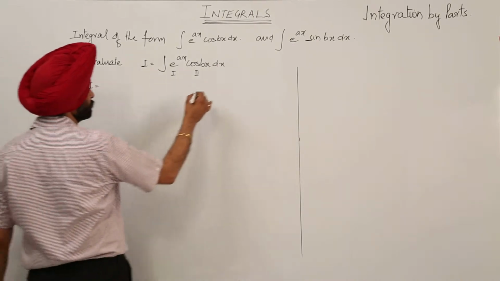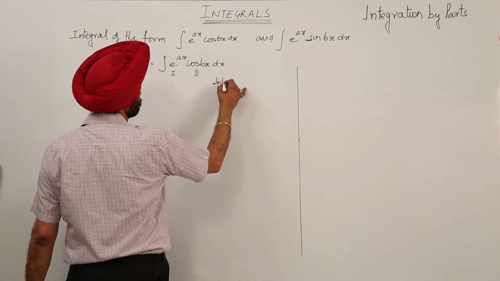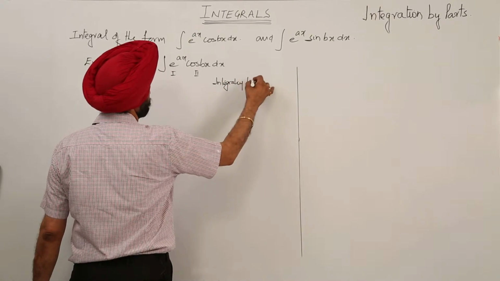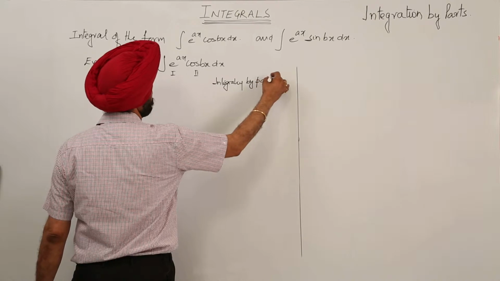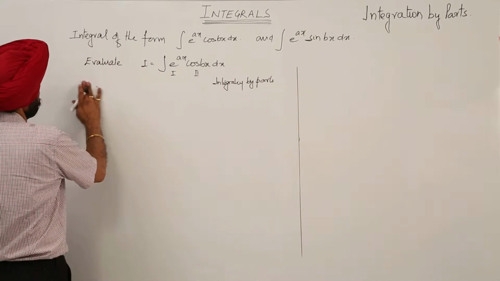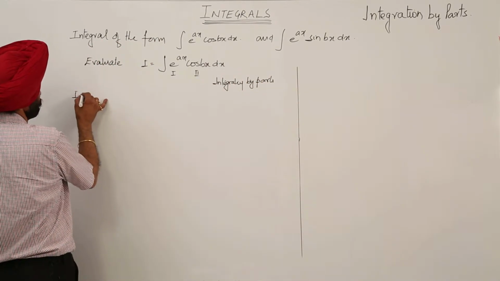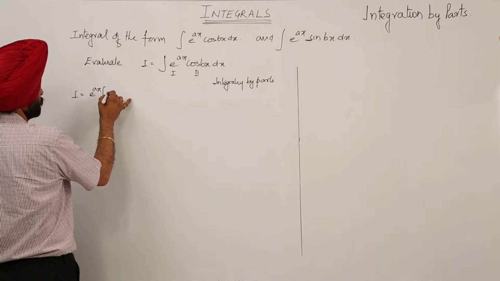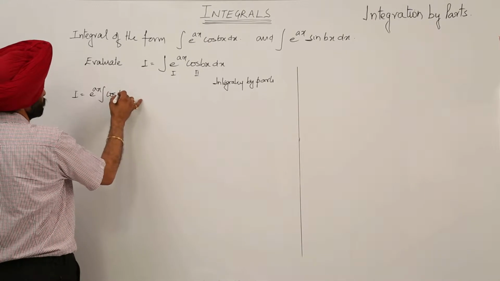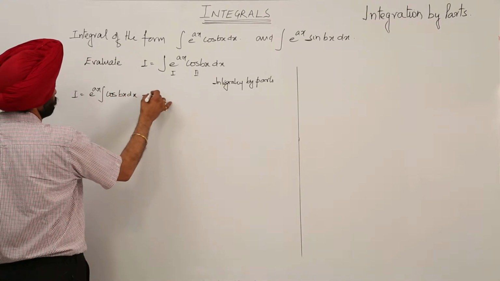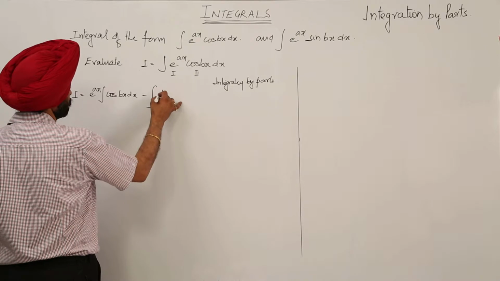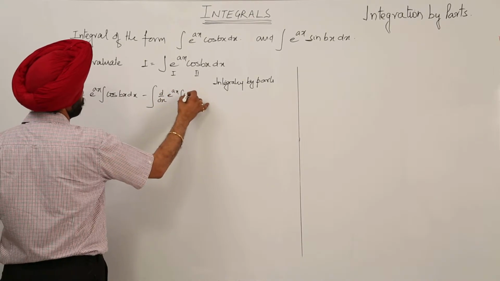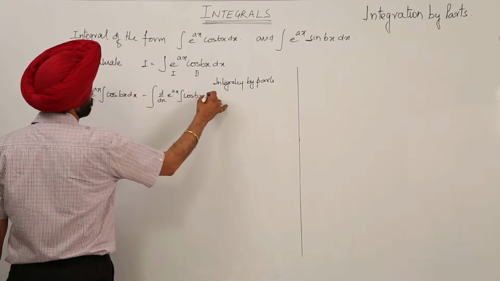Integrating by parts: e raised to power ax is the first function, integration of cos bx dx, minus integration of the derivative of the first function, integration of cos bx dx.